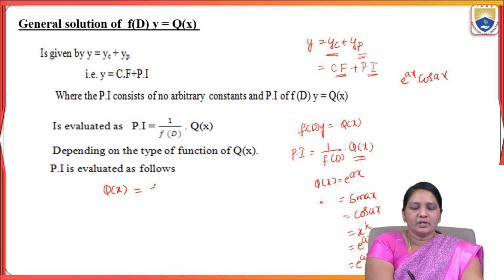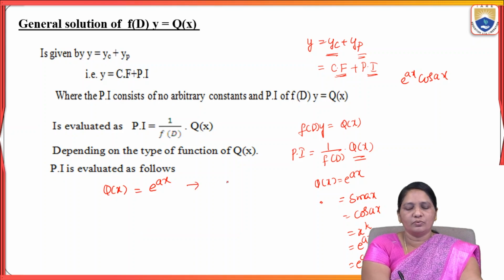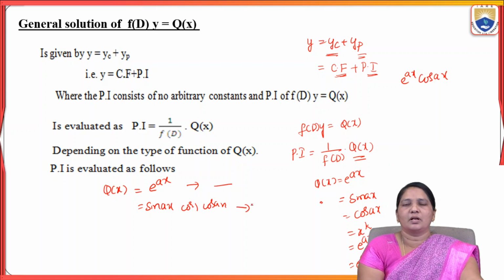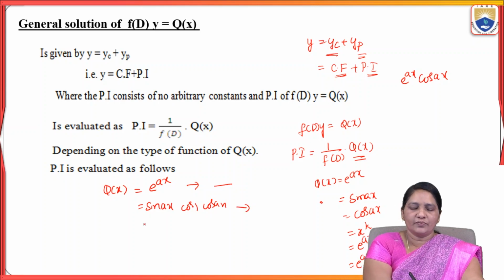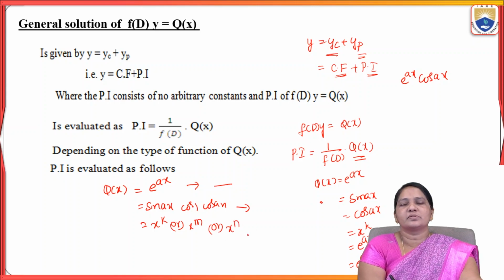For example, if you have Q of x equal to e power ax, we have to follow one procedure. If you have sin ax or cos ax, we follow another procedure or method. If you have x power k, or x power m, or x power n, like x square, x cube and so on, we have another procedure.